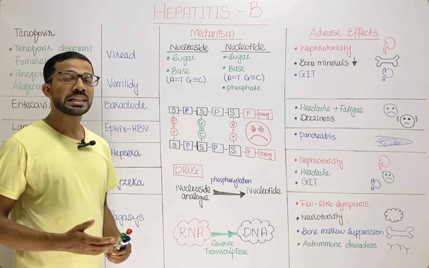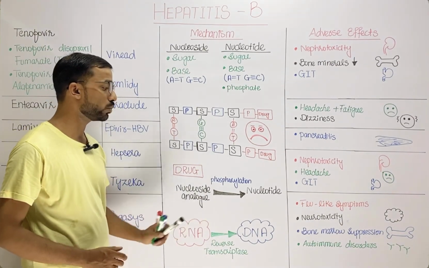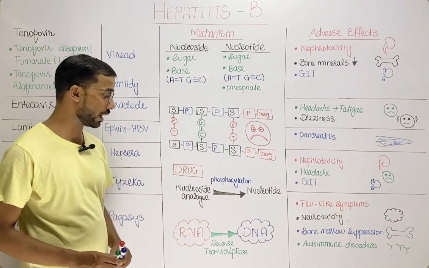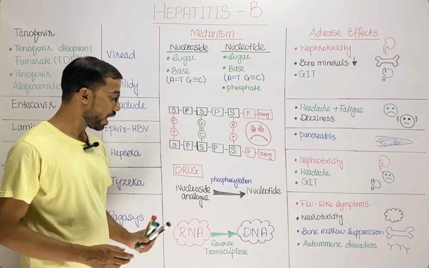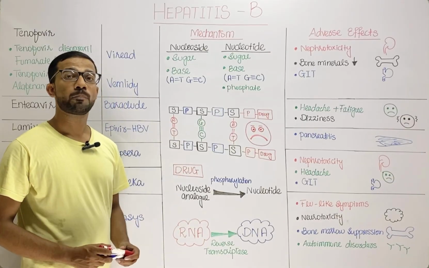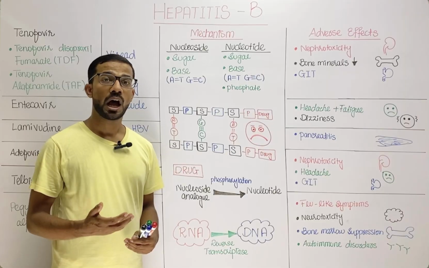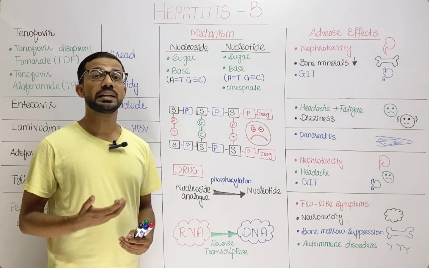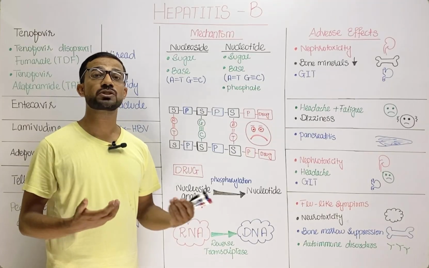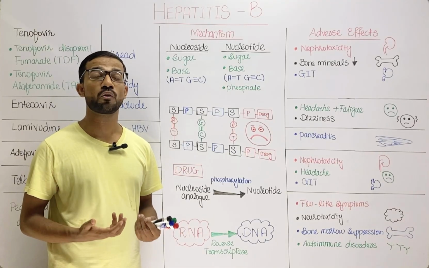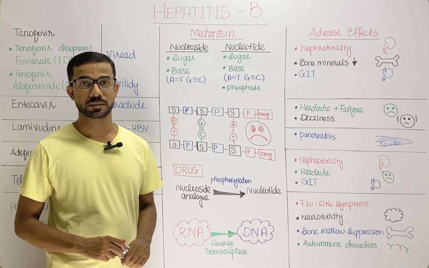So in the hepatitis B virus, you will see the conversion of the RNA into DNA with the enzyme that is called reverse transcriptase, also known as RNA-dependent DNA polymerase enzyme. Now this enzyme forms the DNA. For the formation of the DNA, this enzyme has to collect lots of different nucleotides that are already present in our cells.